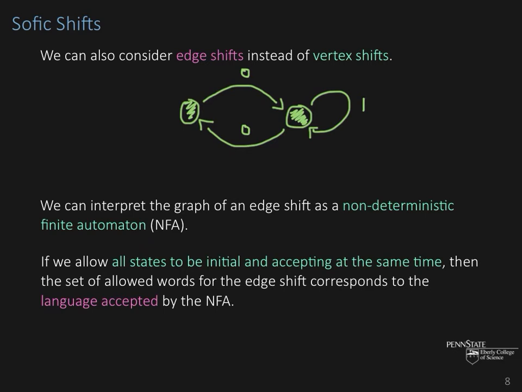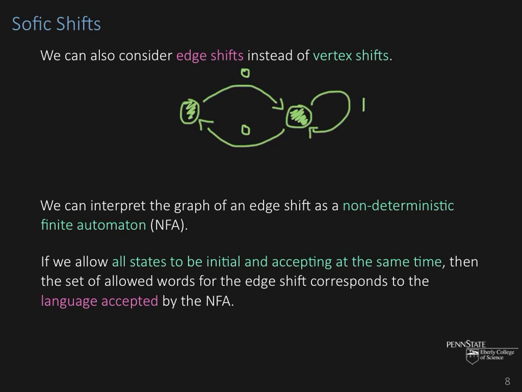We make this a special kind of automaton by allowing all states to be initial and accepting at the same time. So no state is distinguished from the others anymore. This can be realized by just introducing an initial state and then having epsilon transitions to these, as a fully legally defined non-deterministic finite automaton.